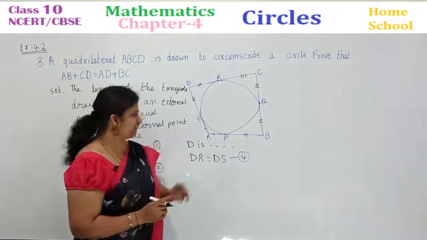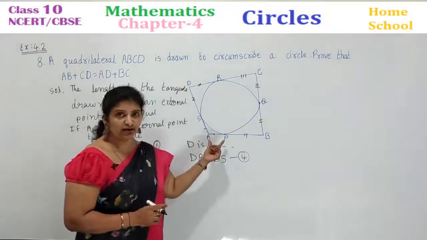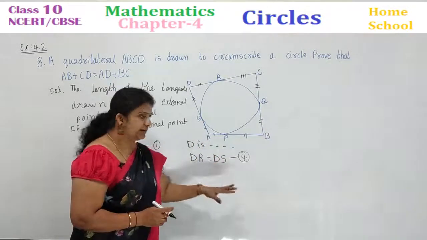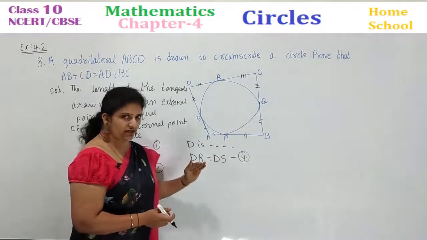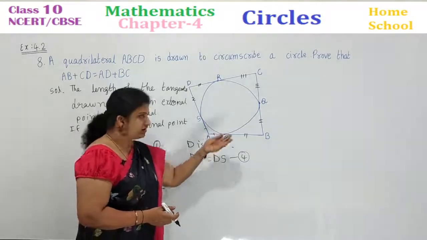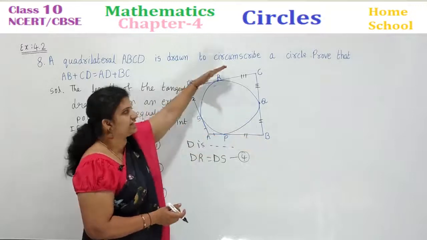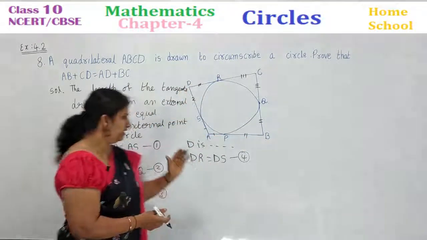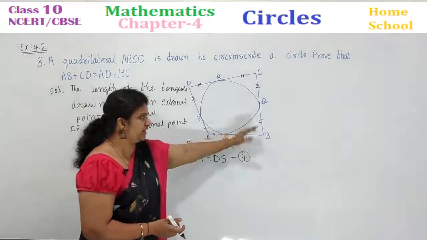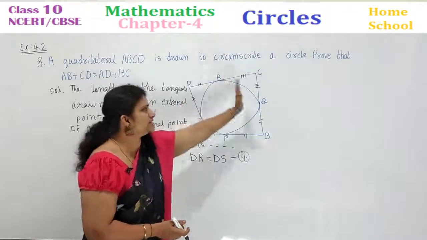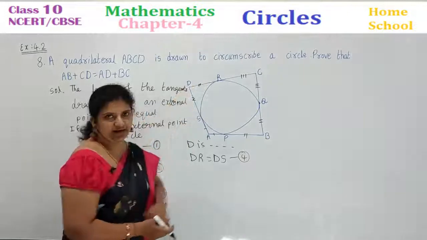First, understand carefully. You may write AS is equal to AP, but then in the next step, you might make mistakes. Observe carefully. From A, start this line, and this line should come on the left side of the four equations. AP, AS, BP, BQ, CR, CQ, DR, DS.